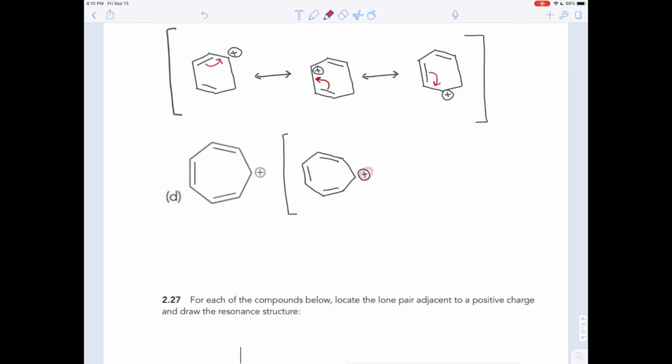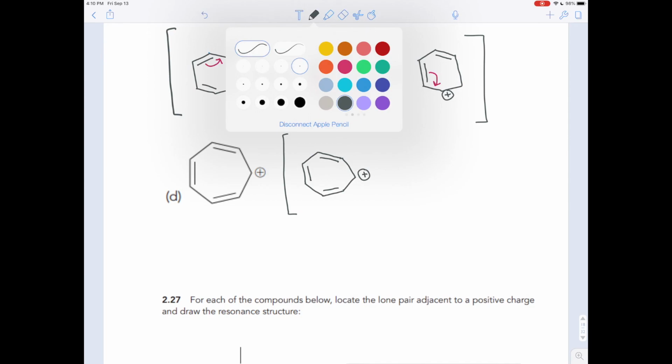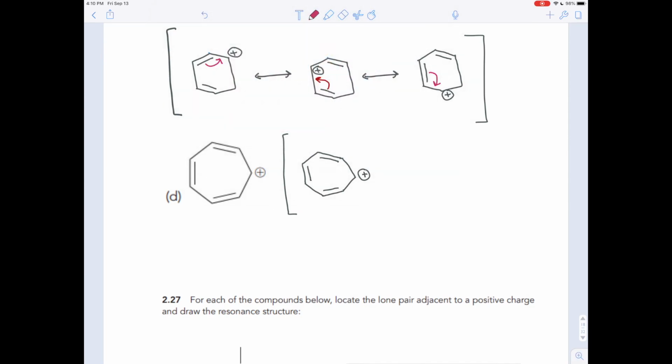So notice, this positive charge is allylic, because when you go just one atom over, you're at an atom in a double bond. So that's allylic. Anytime you have an allylic positive charge, the pi electrons of the pi bond you're allylic to go toward that positive charge. So you draw the resonance arrow, copy the molecule, and anywhere where you have the tail of an arrow, those electrons are going to be moving away from there, so you erase those.